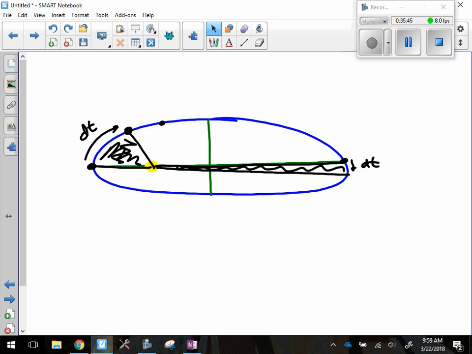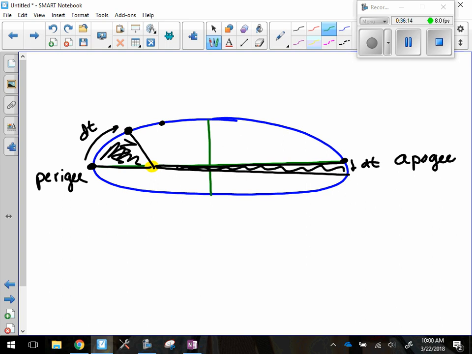So my question for you then, and just in case it ever comes up on a trivia game that you play, this is apogee. Yep. And this is perigee, just in case. Where is the object, the planet, going to move the fastest?